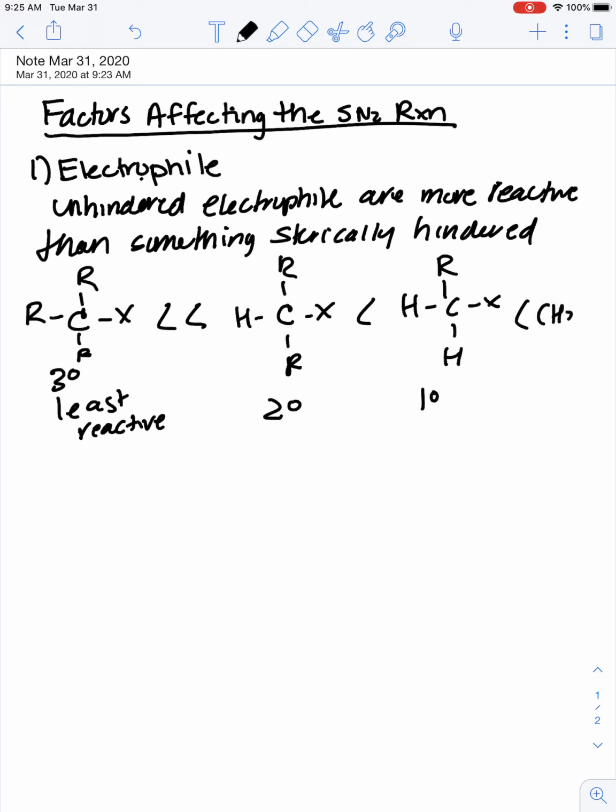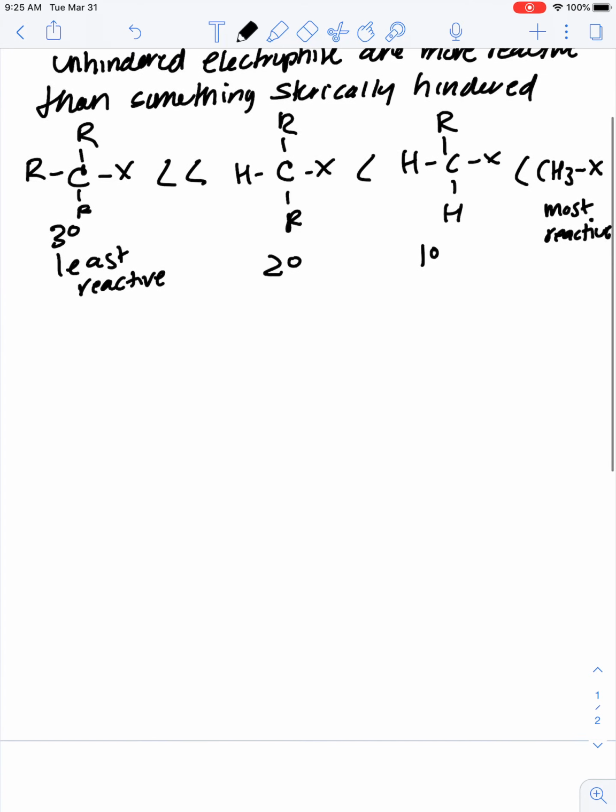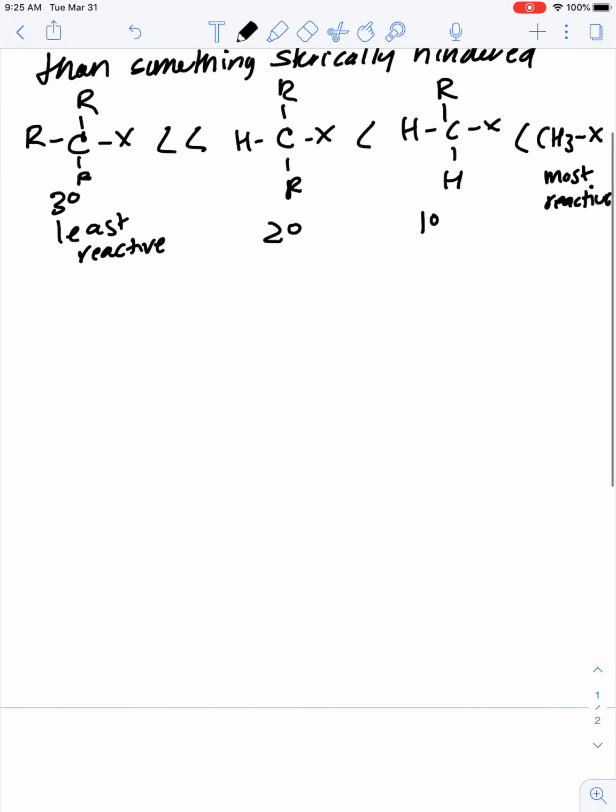And then the most reactive is going to be our methyl. Again, just because there's not a lot of steric hindrance associated really with that methyl group compared to a tertiary, for example.